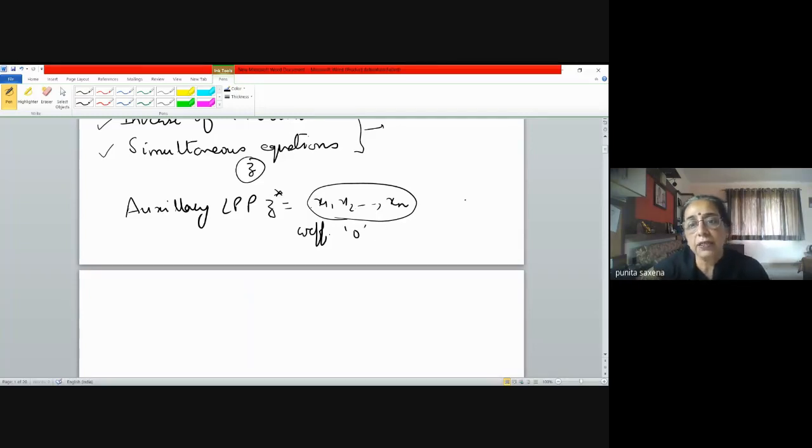Only the artificial variables that were added in the problem will have a coefficient of -1 with them. That means your objective function consists of only the artificial variables with the coefficient -1 attached to them. That is your auxiliary LPP.